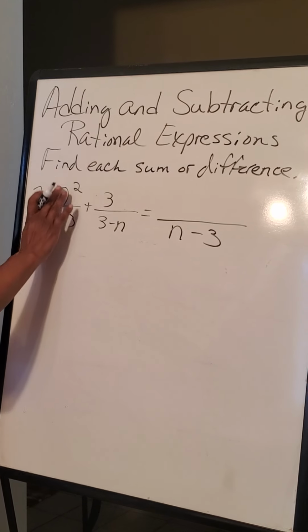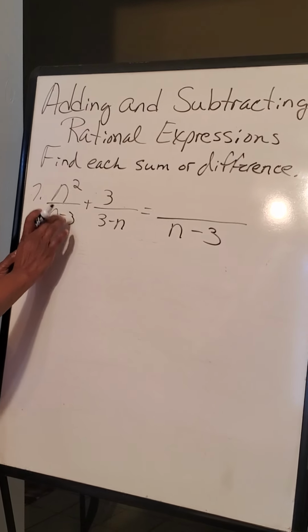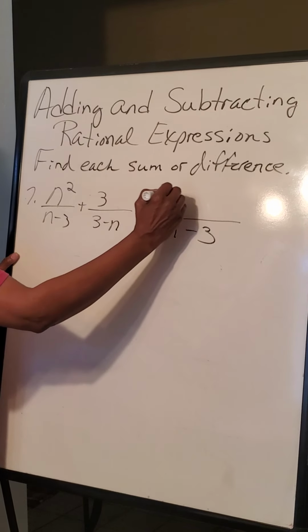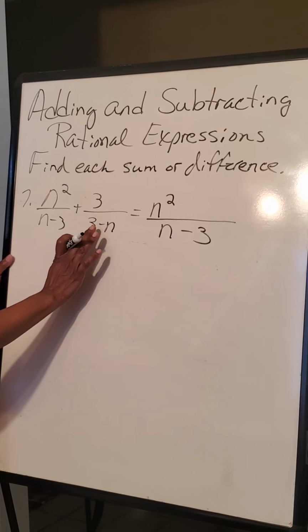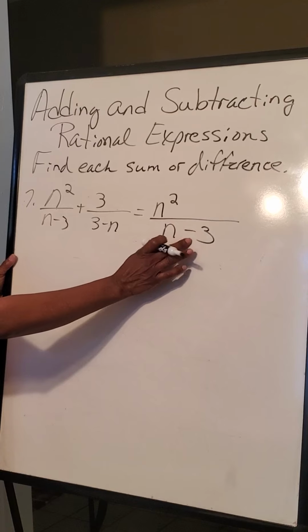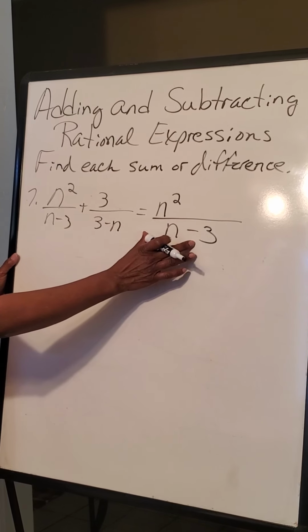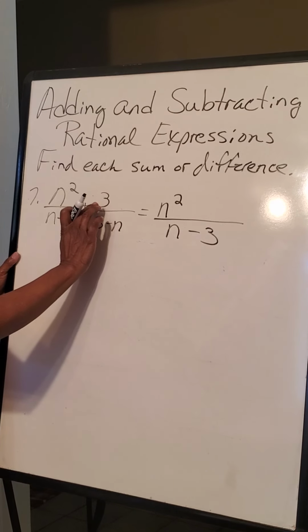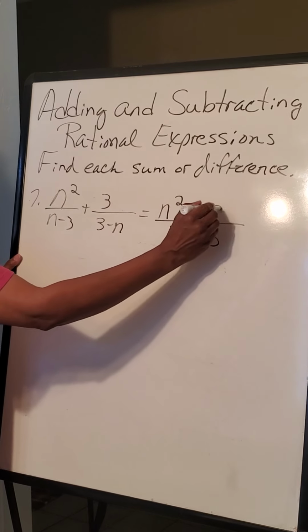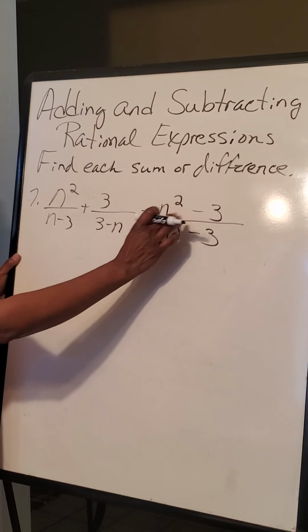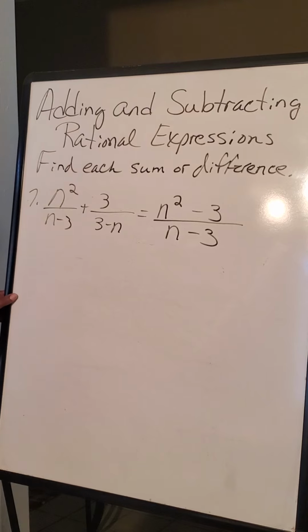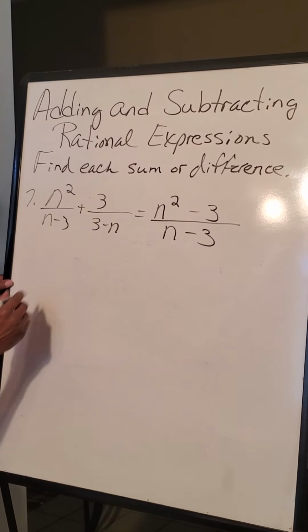So as I look at this, the denominator is already n minus 3, so that means that numerator will remain the same. But when I divide this denominator into this LCD, because they're opposites, I get a negative 1. Multiply the negative 1 times the 3, I get minus 3. This cannot be factored, so my answer is n squared minus 3 over n minus 3.